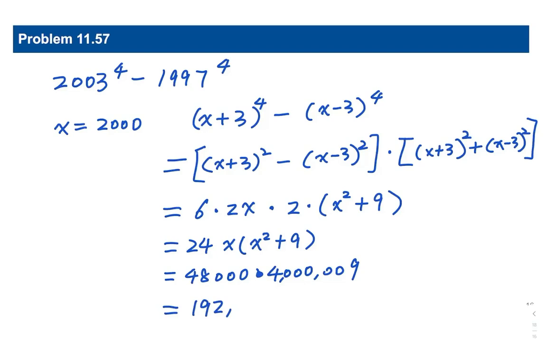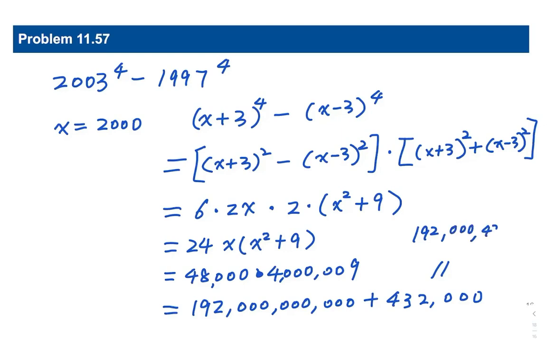Then we have this number plus 9 times 48000. 432000. So in total it's 192,000,432,000. We need to find the sum of the digits.